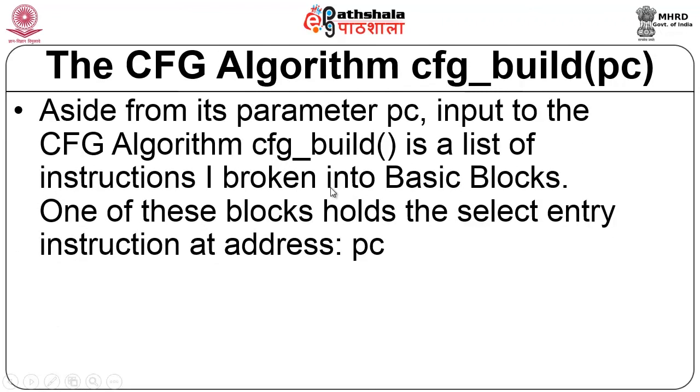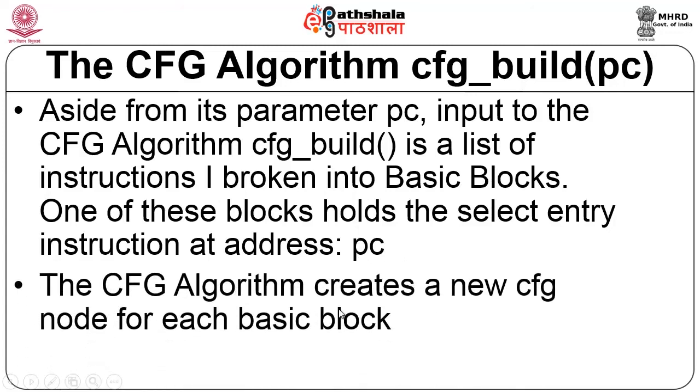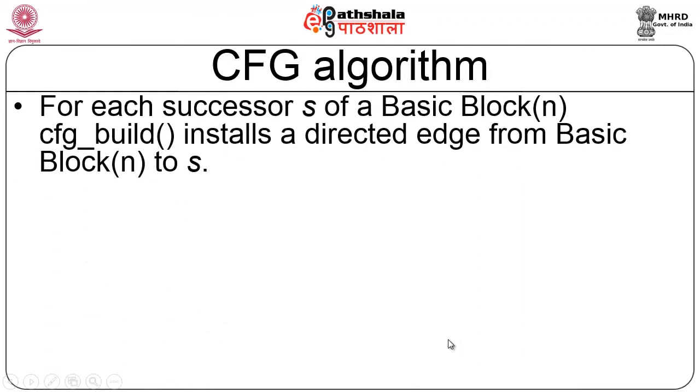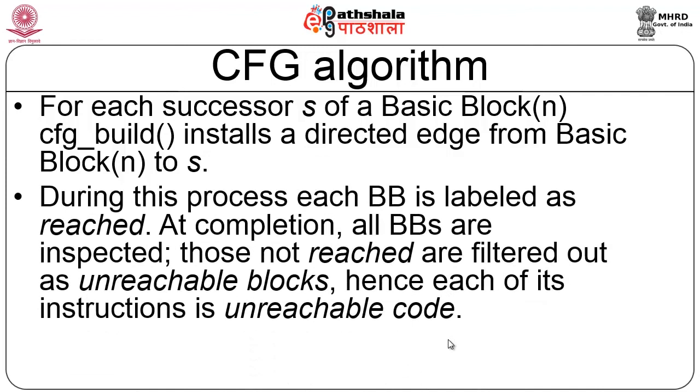This is the simple algorithm where you have an address to a particular position PC, and the algorithm creates a new control flow graph node for each basic block, and for each successor S of a basic block n, the CFG build algorithm installs a directed edge from basic block n to S. During this process, each basic block is labeled as reached.